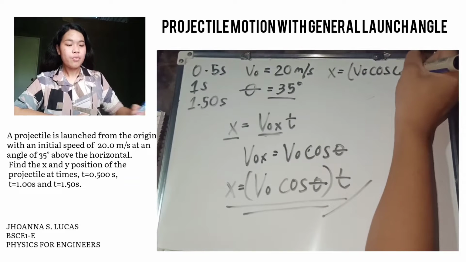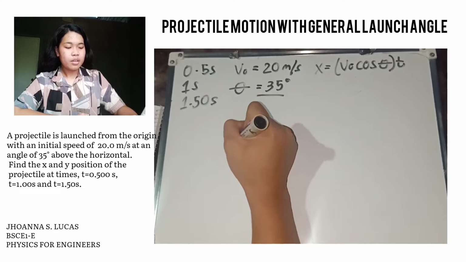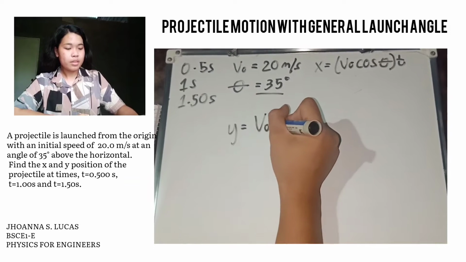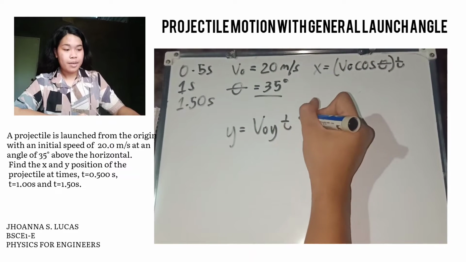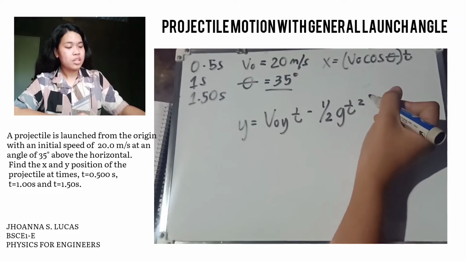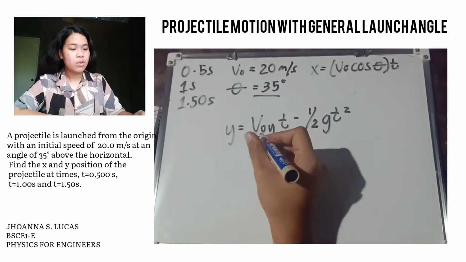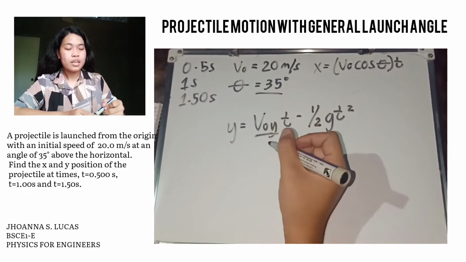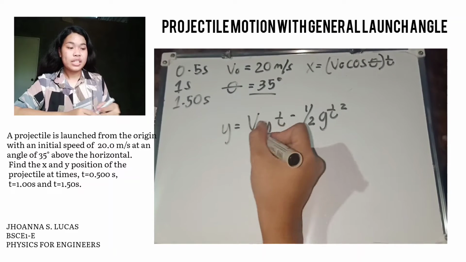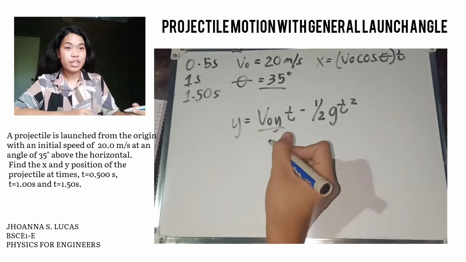And for our y, we can use the equation of v sub oy times time minus 1/2 times g times t squared. Since our v sub oy is equal to initial velocity times sine theta, we can also replace it so we can use our angle.